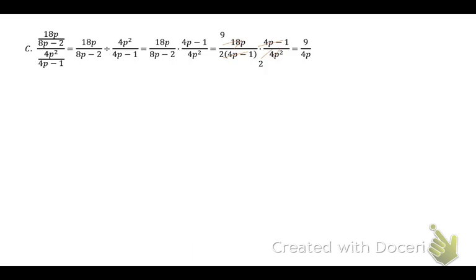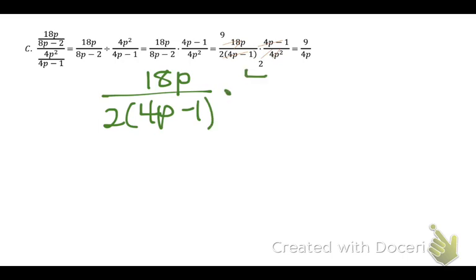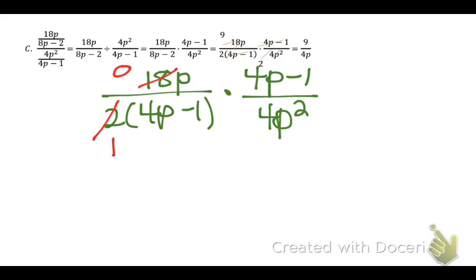Okay, if I lost you right there, let's go back, because I kind of sort of lost myself. So we have 18p over 4p minus 1 times 4p minus 1 over 4p squared. So first, let's look at this 18p. So 2 goes into itself once. 2 goes into 18 9 times.